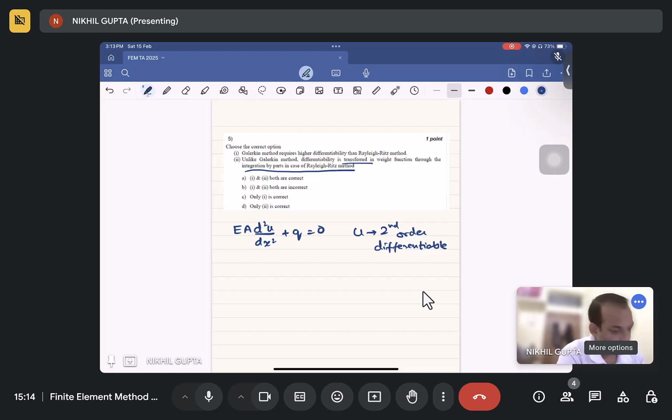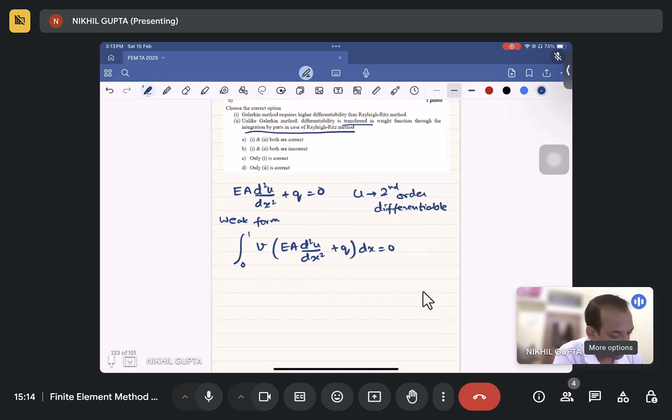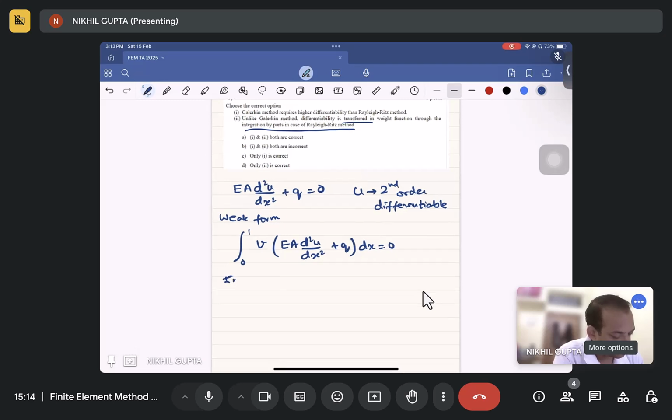Now to solve it, we'll make it a weak form. How do we do it? We integrate from 0 to 1 the weight function multiplied by the residual plus q, dx equals 0. When you use integration by parts, what will you get?